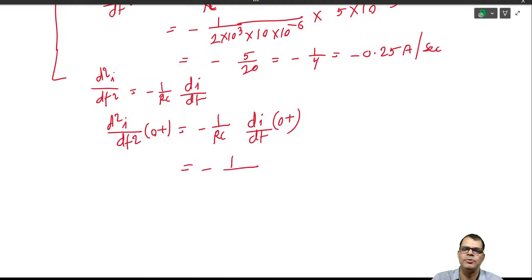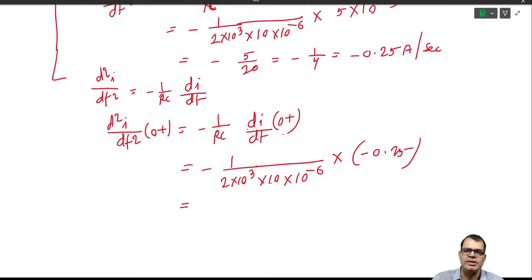So same way, put the values. R is 2 kilo, 10 to the power 3, C is 10 into 10 to the power minus 6, and you got here minus this value di upon dt at 0 plus. So you got 0.25. You can see that 10 to the power 3 into 10, that is 10 to the power 4.